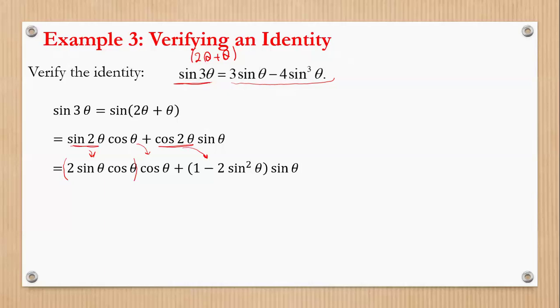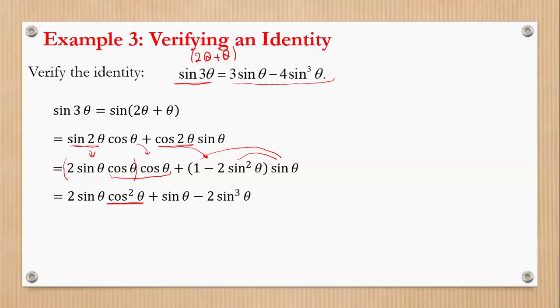Then we need to multiply. Multiply these. So I have cosine times cosine, which is cosine squared. And for this part, I need to distribute by the sine. And we got this one. Now let's see what we can do. Since the right side of the identity is all sine, I need to change cosine squared to sine as well.